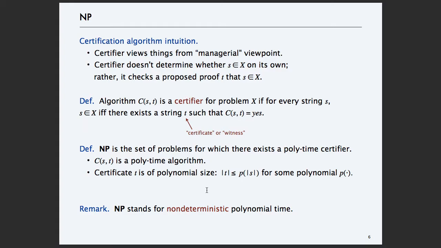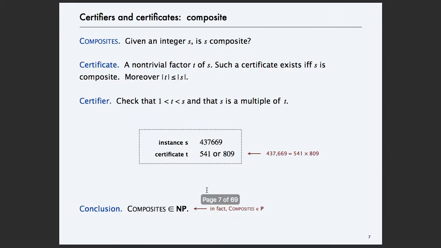With the same idea of like non-deterministic automata. So the question is, is that easier? And the answer is, we don't know. Which is the question, is P equal to NP, right?